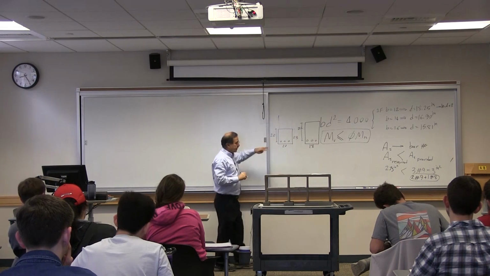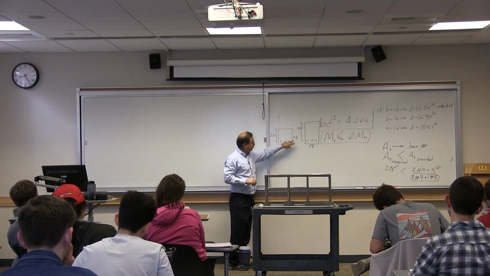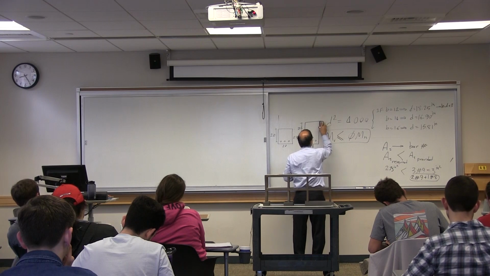So let's say, forget about rounding and everything. We have a section 20 by 20, 20 by 23 that gives, this becomes, let me rewrite this.